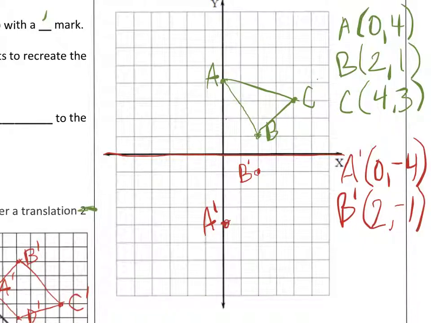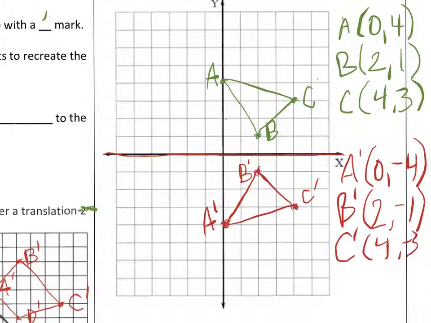Then C is 3 units up from the x-axis, so we're going to make it 3 units down. So there's our new C prime. So now let's connect our points. Forgot to put what C prime was. C prime was 4, -3.